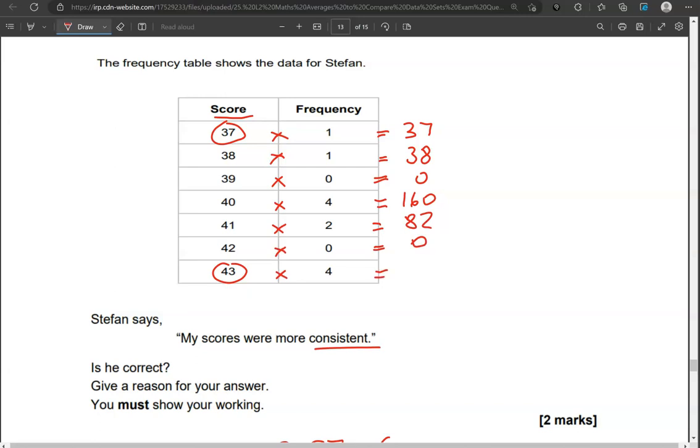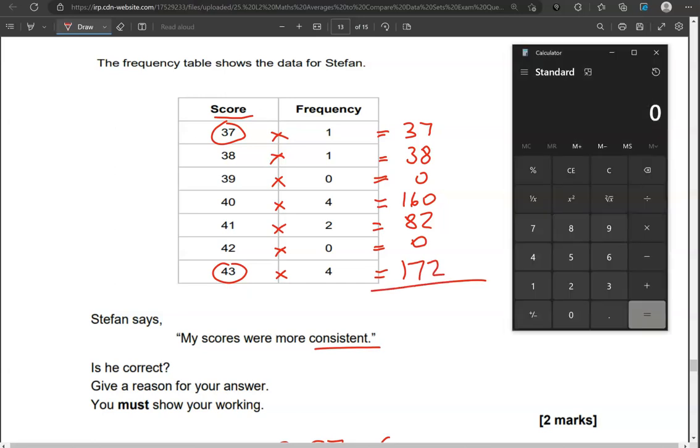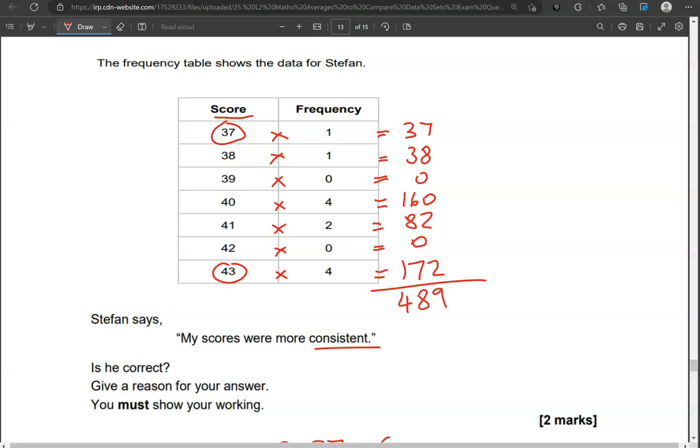42, that is 0. 43, that is 4 times. So 4 times 43, you could do it with a calculator as well, or go 4 times 40 is 160. 4 times 3 is 12. So 160 add 12 gives us 172. So we'll add all of these together, get 37, add 38, add 160, add 82, add 172, which is 489, which we're going to divide by the total for the frequencies.